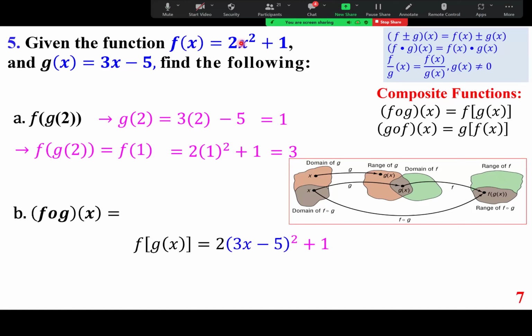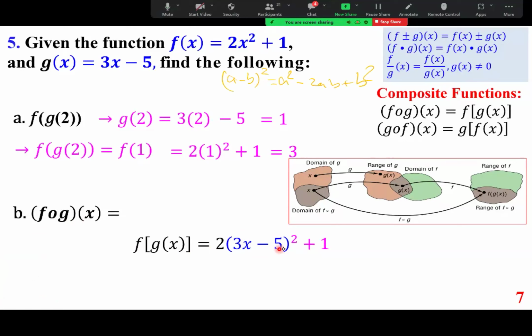So what do we have here? A minus b quantity squared is a squared minus 2ab plus b squared. So you square this one, get 9x squared. And the product of these two times 2 makes it minus 30x.